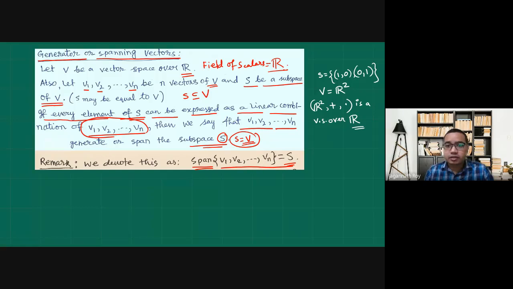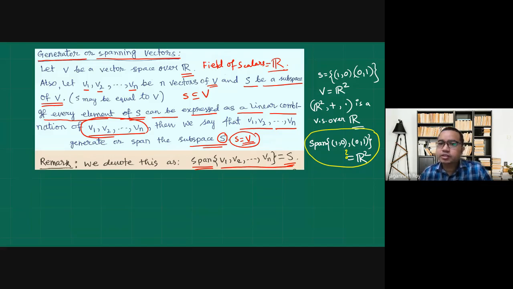Okay. Now the question is, can I write span of (1, 0) and (0, 1) equals R2? Whether it is true.